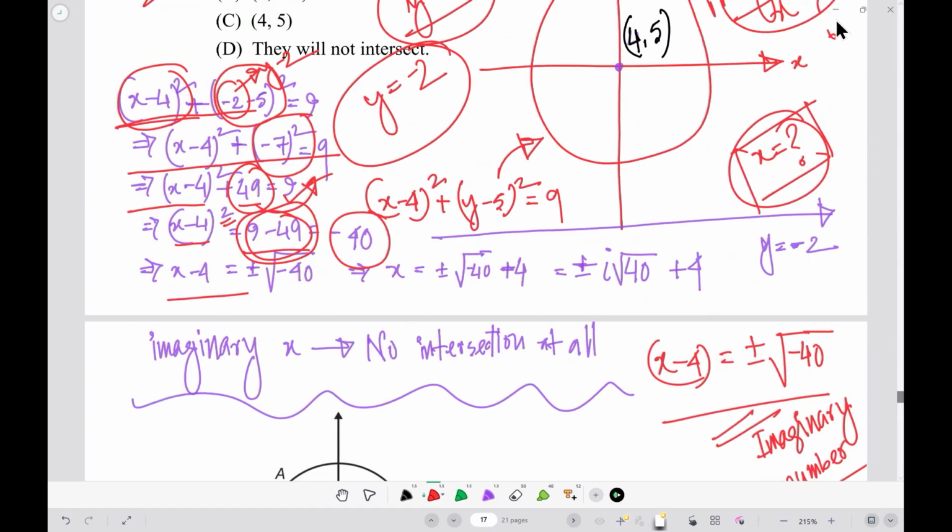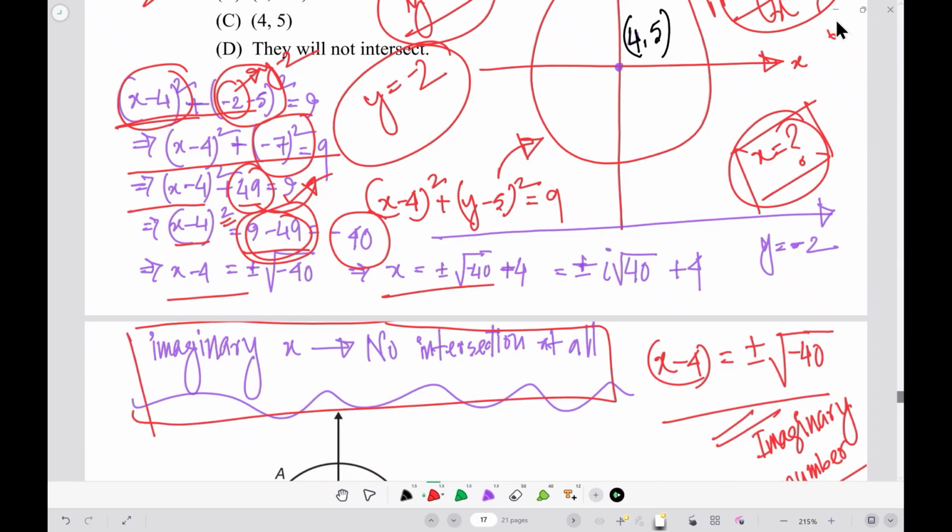What does that mean? It means you are going to do this problem as x minus 4 equals plus or minus the root of negative 40.